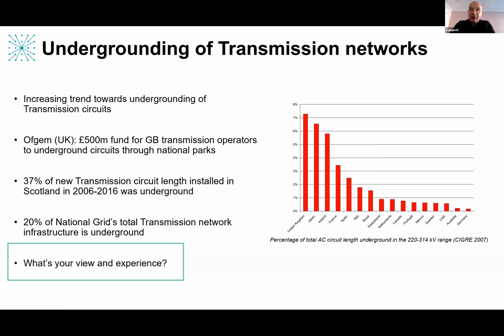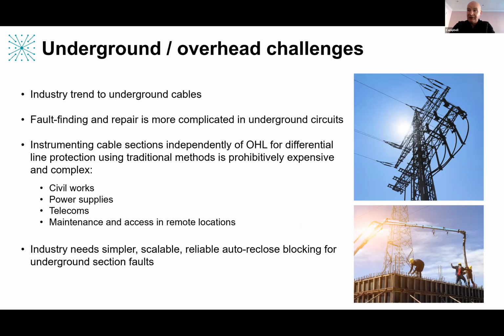But all of these issues are interrelated, but it's clear it's trying to identify where that fault is, and that's a function that's important for protection, for the actual recovery or remedial work on that fault, and also clearly for the auto reclose, because if you know it's overhead, probably a transient fault, so you can reclose. If it's underground, then you don't want to do that. So that's very interesting.